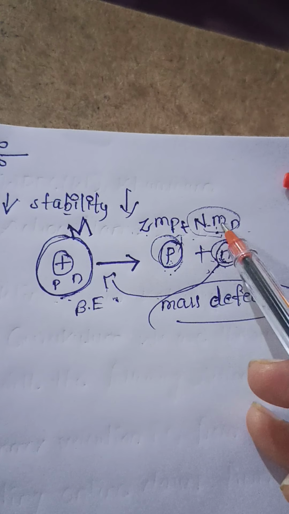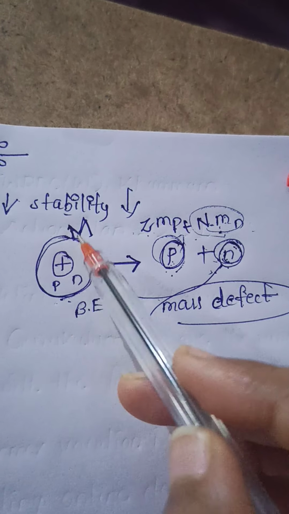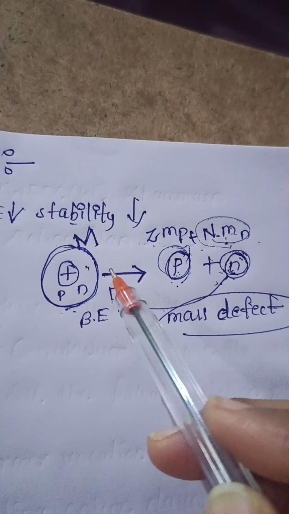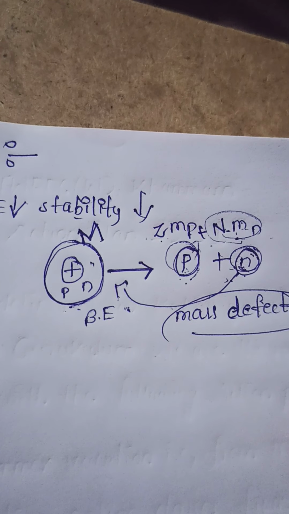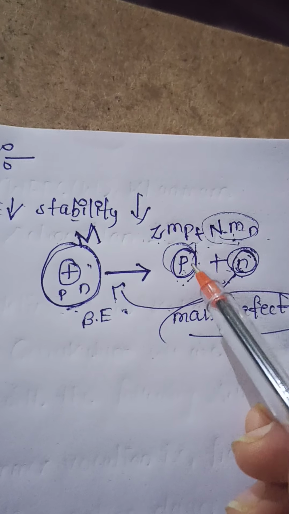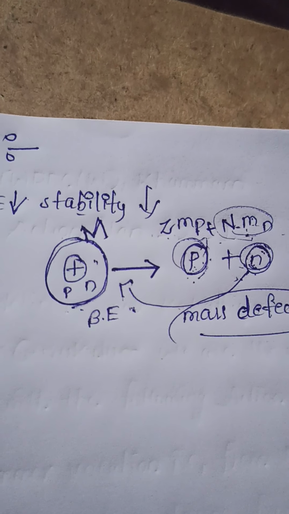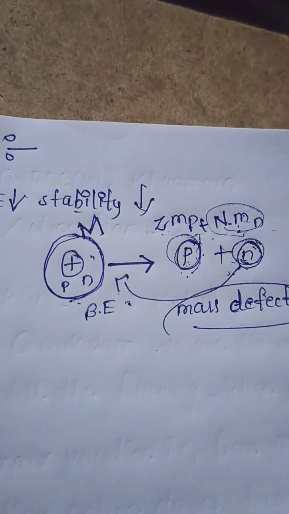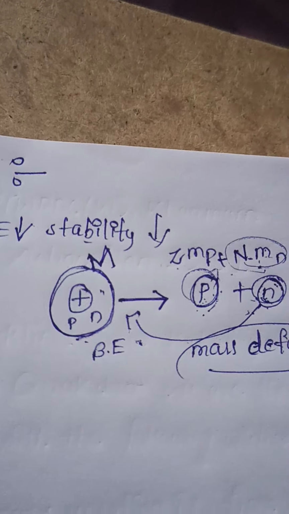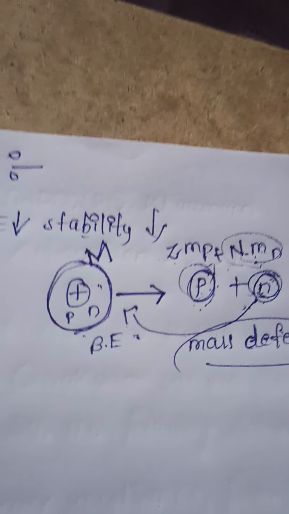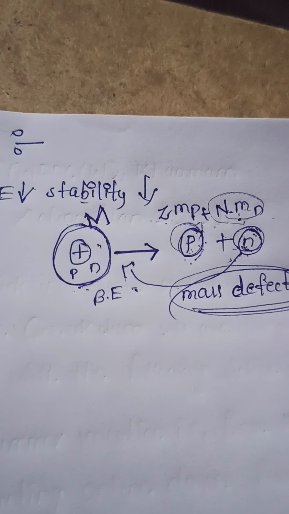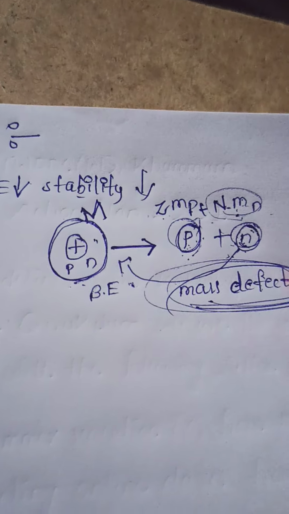If you add these two masses, it should be equal to the total mass of the nucleus, but it is not, because of the disappearance of some mass. Here we observe that the total mass of the nucleus is not equal to the mass of its constituent particles. That effect is called the mass defect.